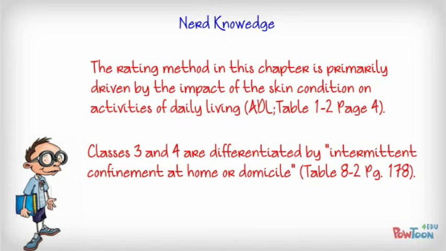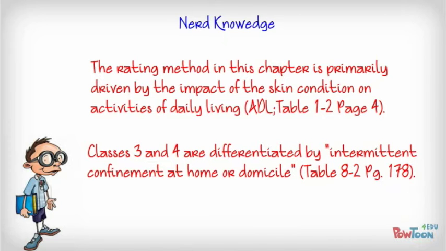And this can be found on table 8-2 on page 178. So if you're finding that you have someone that you're placing into category 3 or class 3 because of many activities of daily living being limited, be sure that there is documentation that the condition does or does not confine them to home.